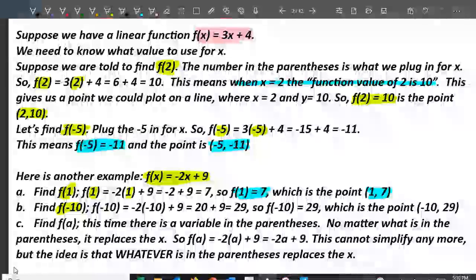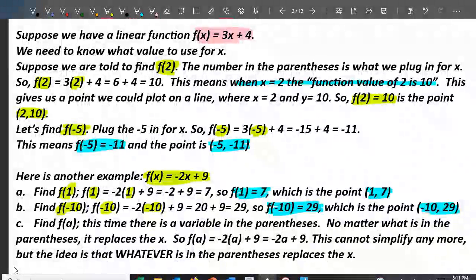Let me find f of negative 10, so we'll plug in negative 10 everywhere the x is. You get 20 plus 9, which is 29. So the function value of negative 10 is equal to 29, which in point form would be (negative 10, 29).